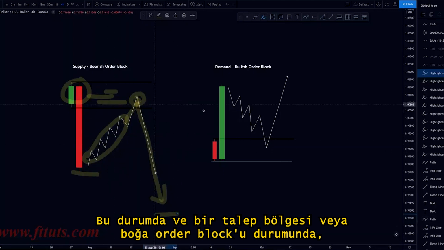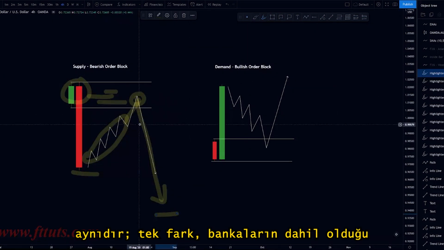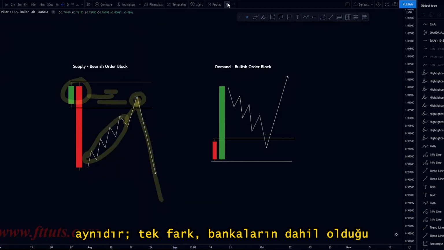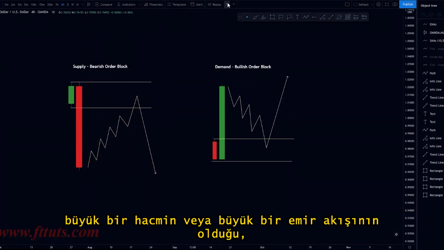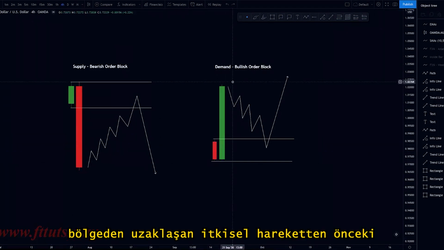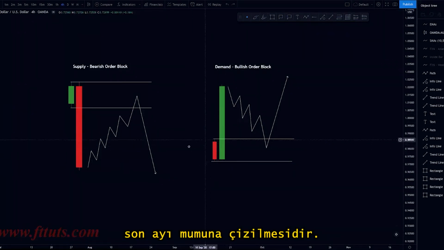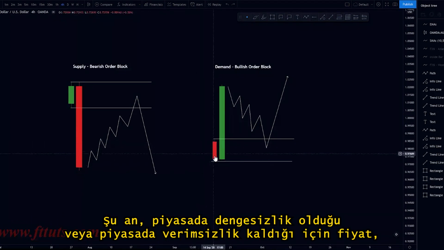In the case of a demand area or a bullish order block, it's the same, except it is drawn on the last bearish candle before the impulsive move away from the area where there was a large volume or large order flow for the banks to get involved.